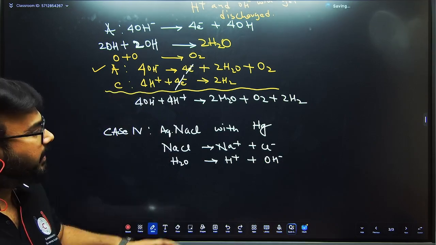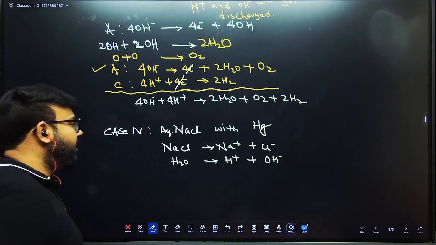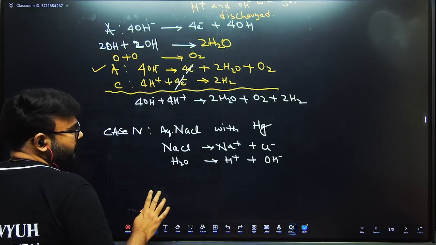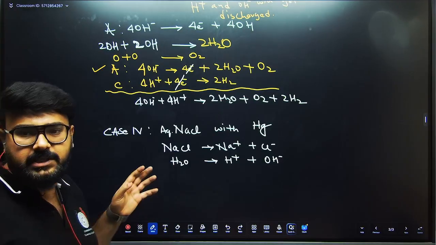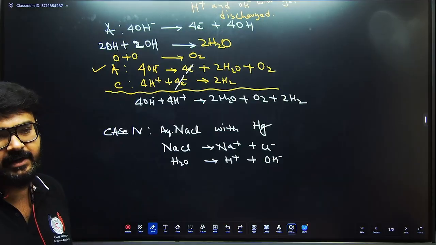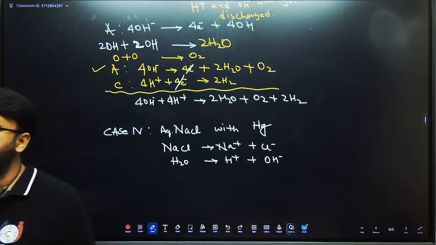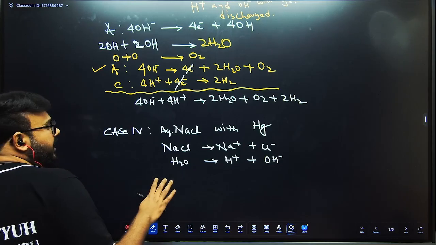See now, because of mercury, how things change. So guys, understand here. This time it's dilute or concentrated, it doesn't mention. So what do we consider? We'll consider concentrated. So who will get discharged now? We will use the electrochemical series.